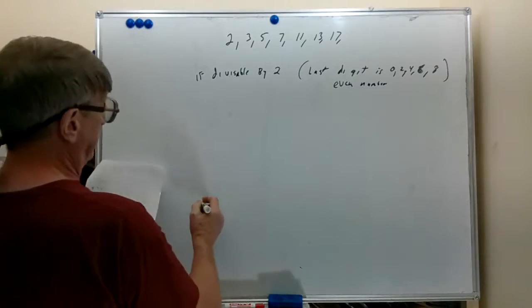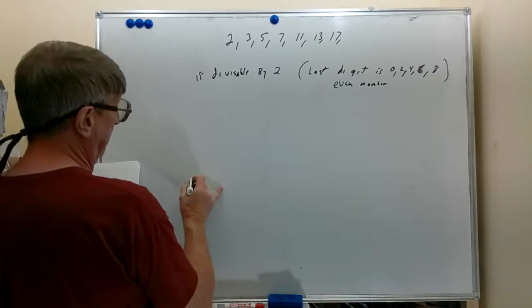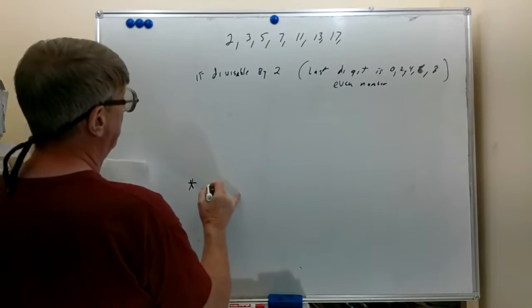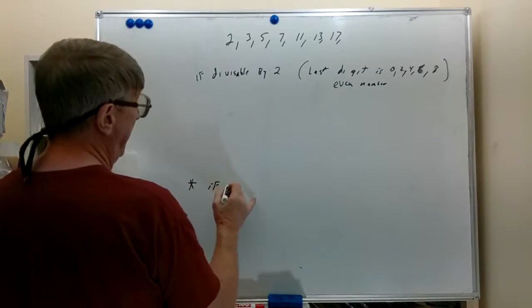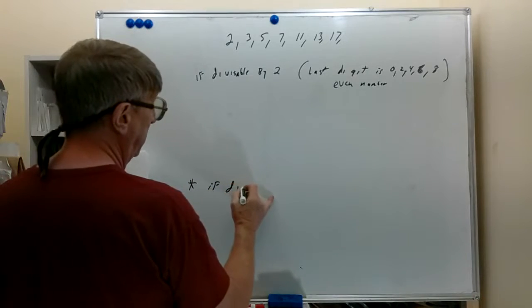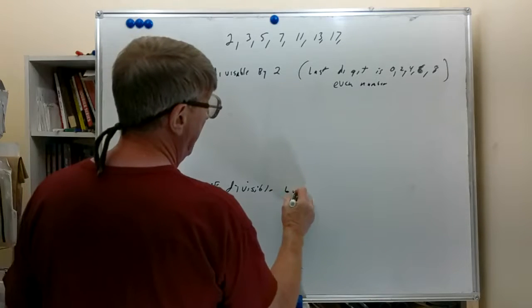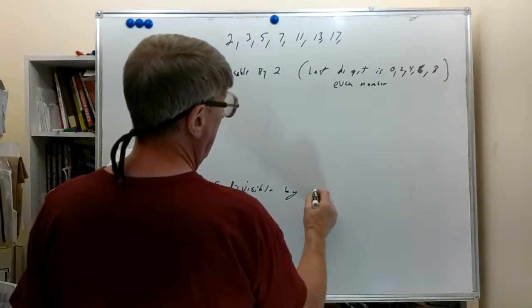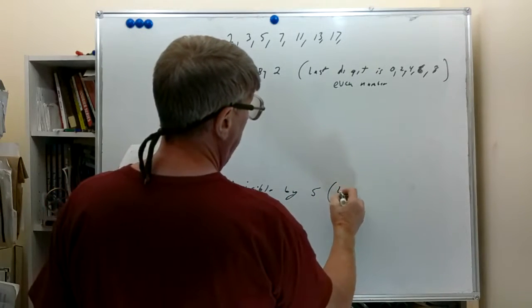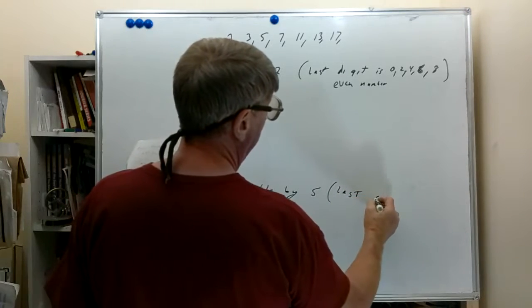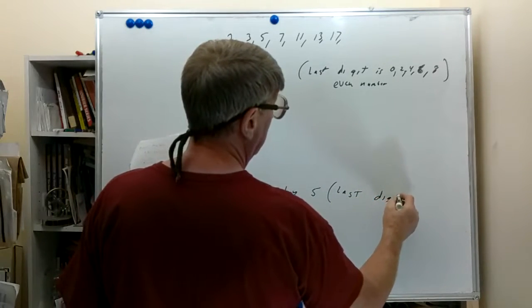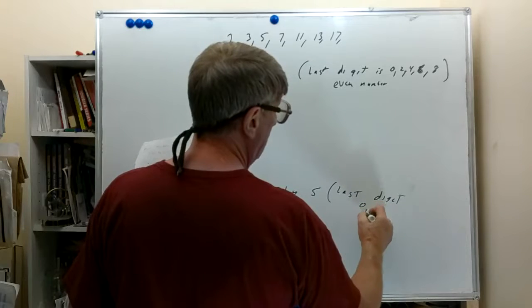And there's another one that probably everybody's pretty familiar with too. If a number is divisible by 5, the last digit is going to be a 0 or a 5.